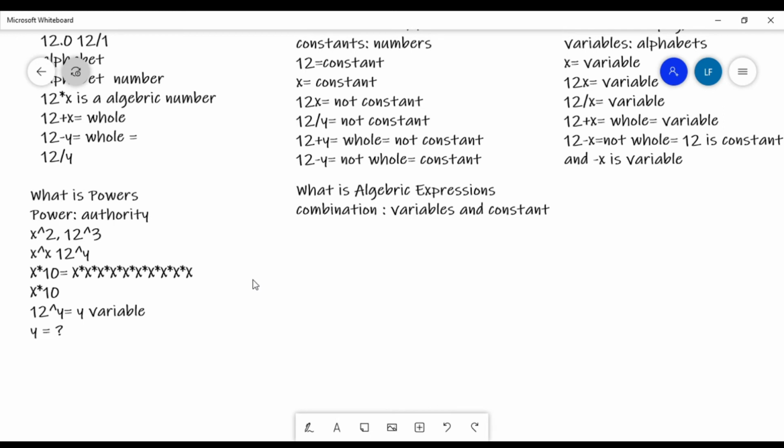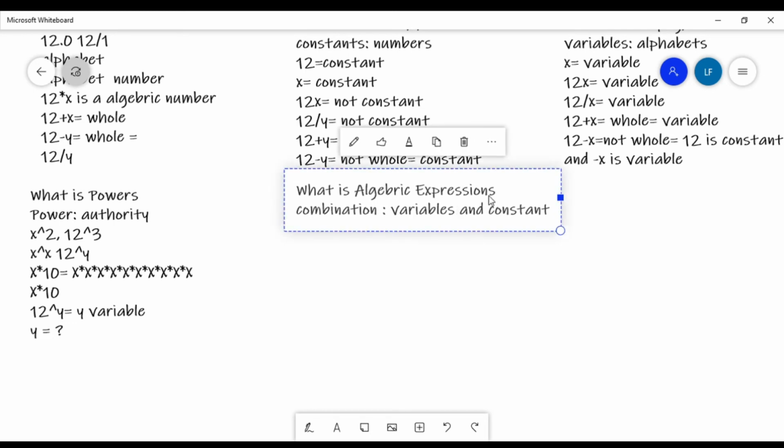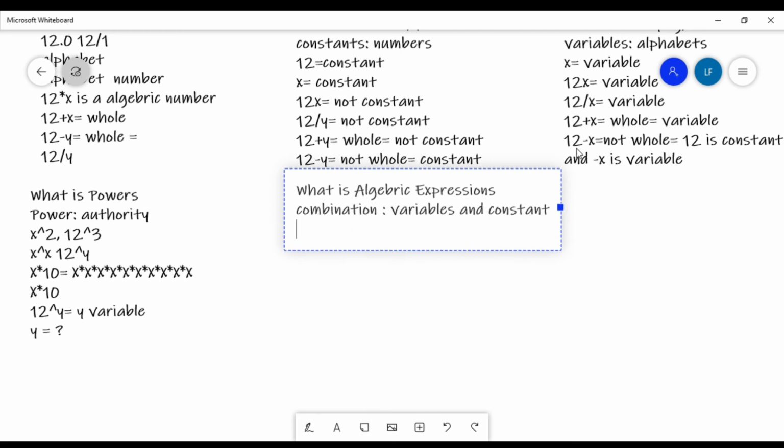Well, now that we have learned the basics of variables, the basics of algebra part 1, we'll be learning what algebraic expressions are. Algebraic expressions are nothing but a combination of variables and constants. We can say 12x is an expression, right?